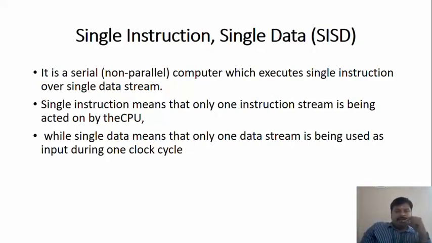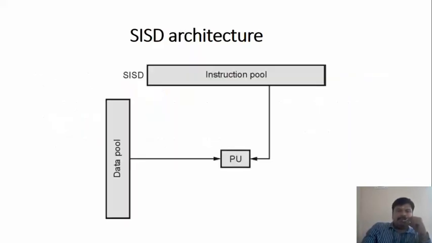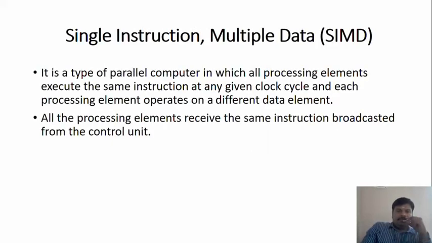Single instruction means only one instruction stream is being acted on by the CPU, while single data means that only one data stream is used as the input during one clock cycle. You can see in the architecture diagram there is only one instruction from the instruction pool and the data pool. Only one instruction and one data will be given to the processor to execute the task. This is called single instruction and single data.